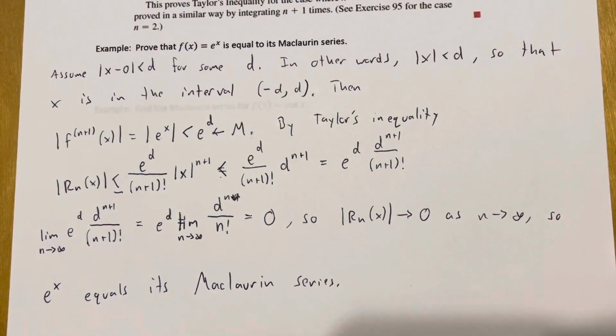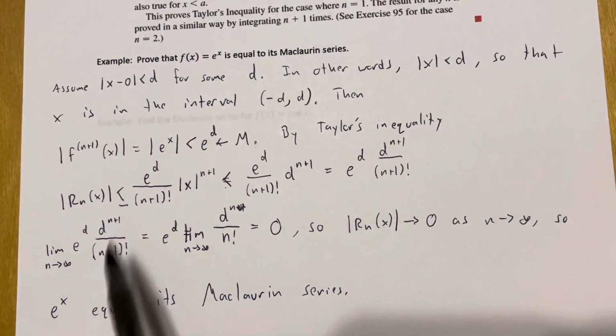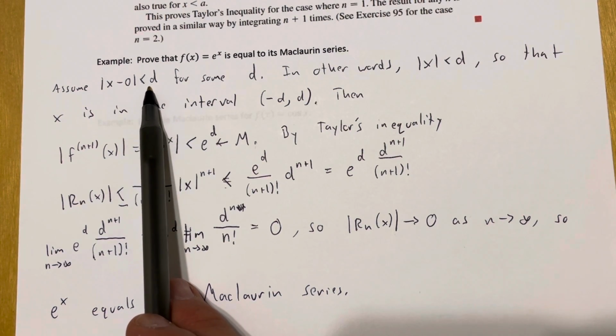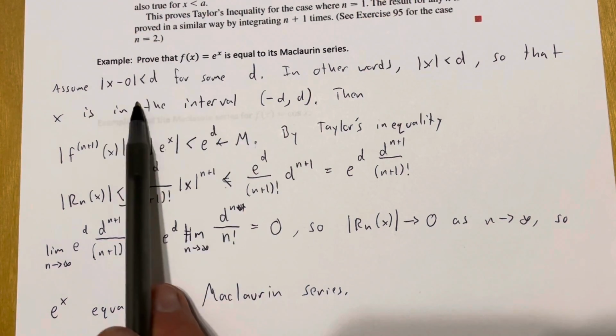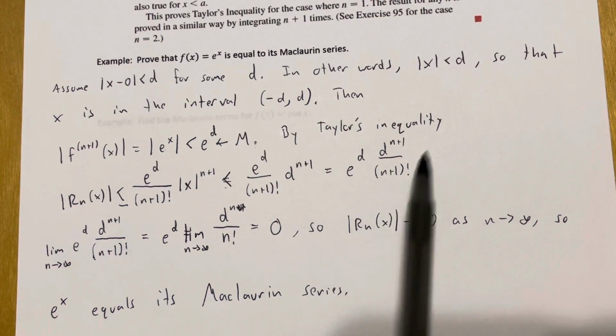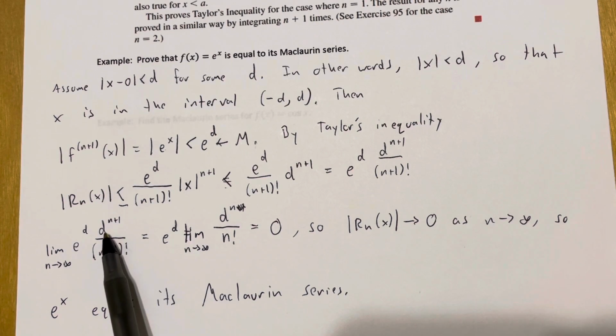Okay? Now notice, again, sometimes students will get hung up on the fact that we introduced some number d here without ever specifying what it is, and get hung up on the fact that, well, we only showed that it converges on this interval. But notice, no part of our work here depended on what d was actually equal to.